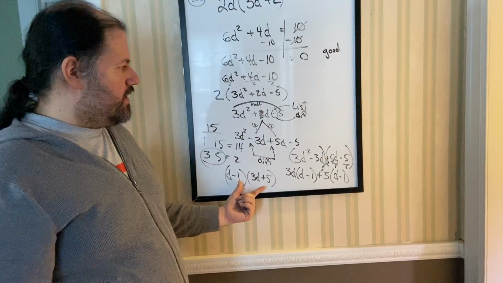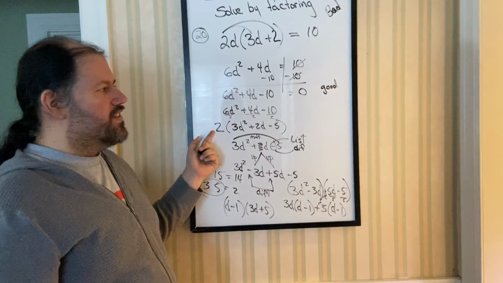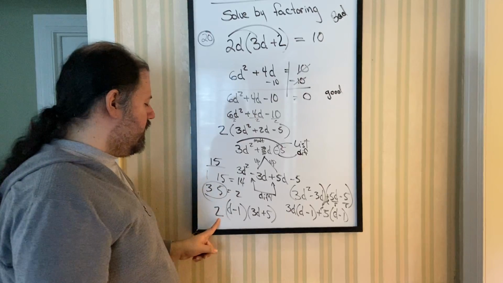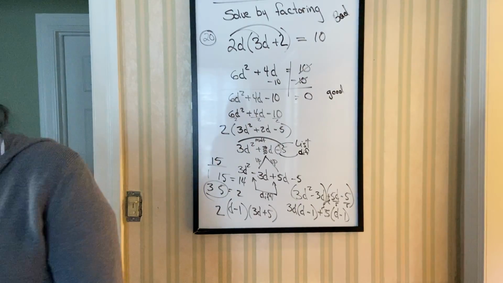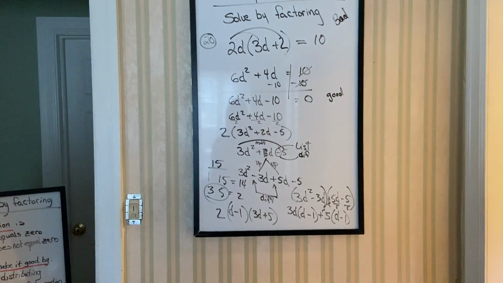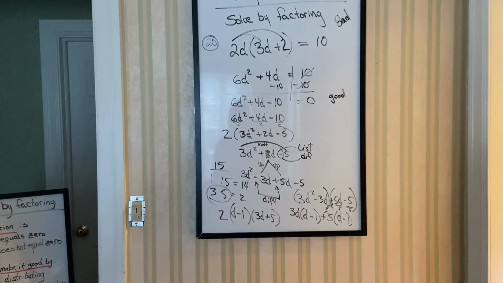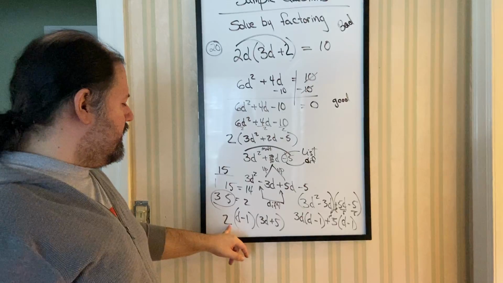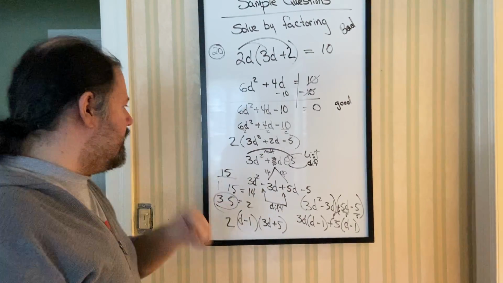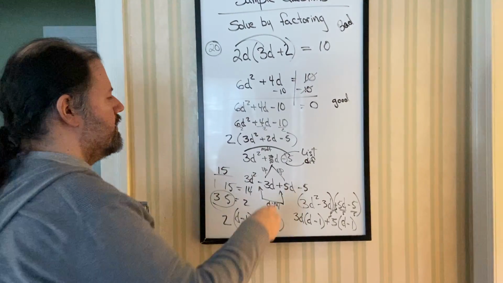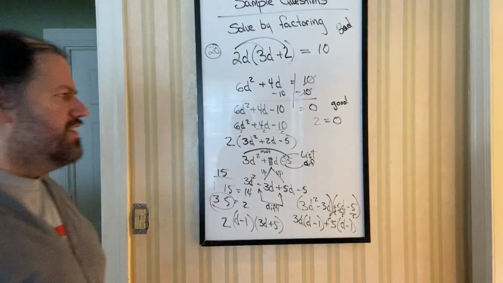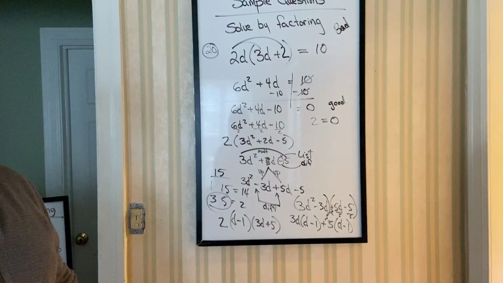Now that you're done factoring this, remember, because there's a GCF, bring it down. So you're now done factoring completely. But I hate to say that's not your final answer. What you have to do is, because this says solve by factoring, you're going to take each of these and set it equal to 0. So 2 equals 0. Now notice, that doesn't even make sense.